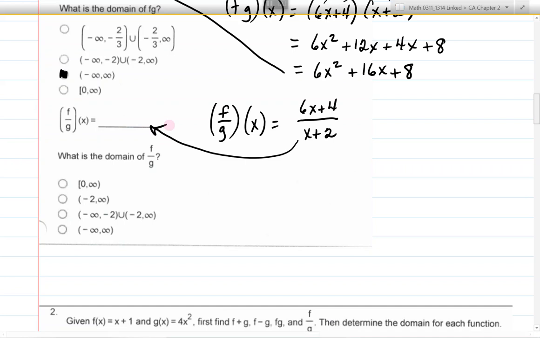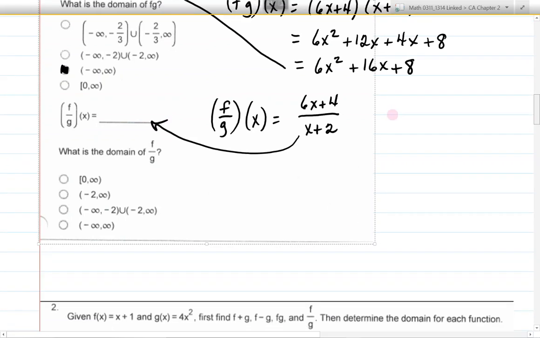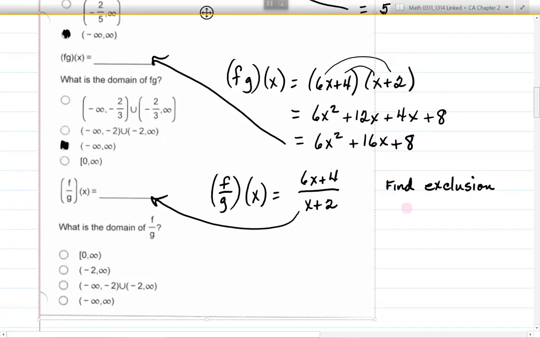But the domain, you have to find exclusions because you now have a rational function. So you take the denominator, x plus 2, and remember, if it's equal to 0, you have an exclusion. x equals negative 2 is the exclusion.